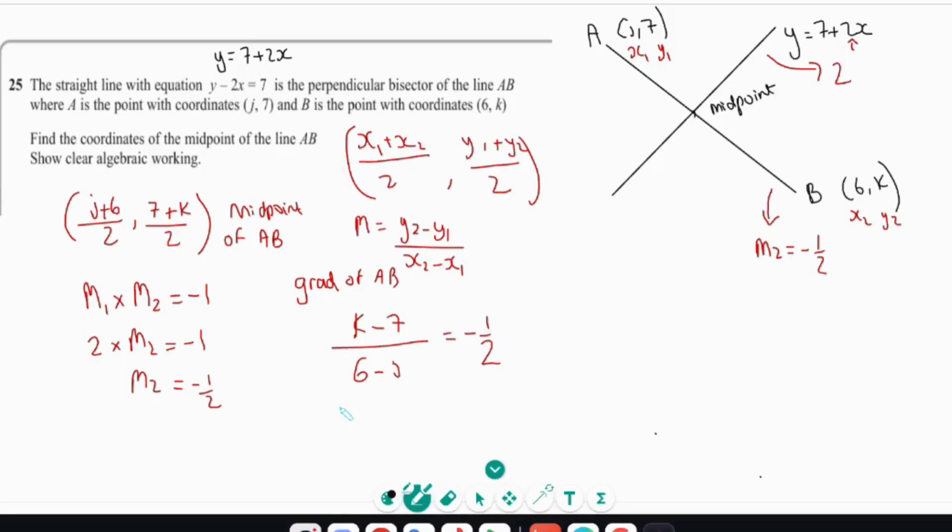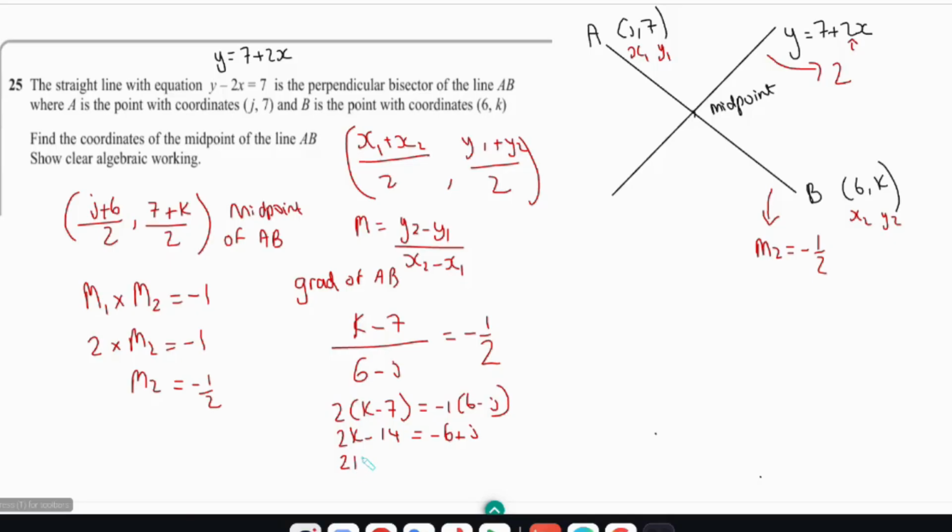I'm going to multiply both sides by 2 and by 6 minus j. And then I'm going to multiply out the brackets. And then I'm going to make j the subject, I think, by adding 6 to both sides.